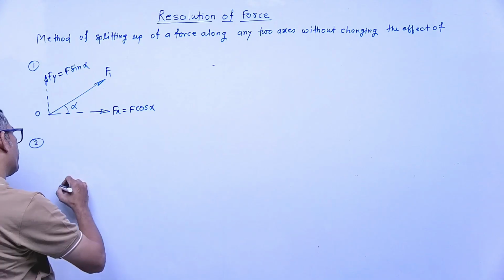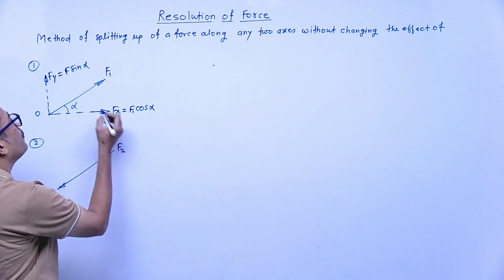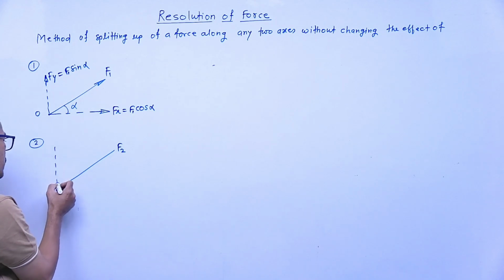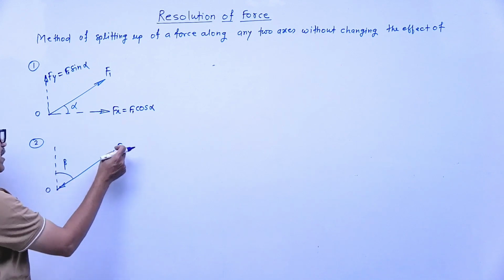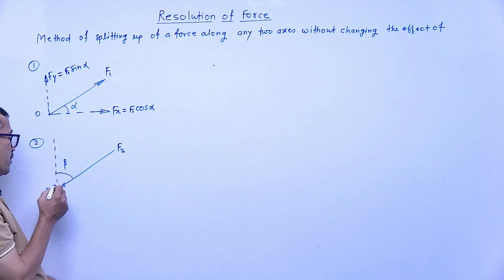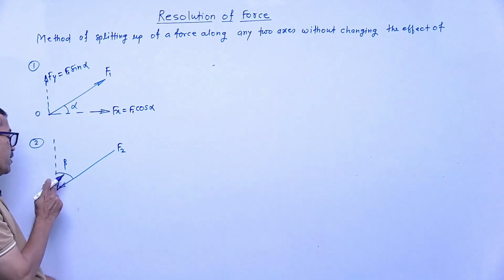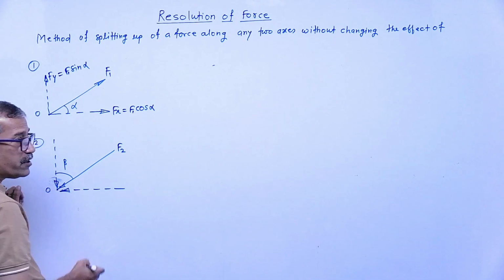Number 2, if the force is given like this, F2, right? Now inclination is given with vertical, beta. How is the force acting? Nature of force is push, acting at this point, so the vertical component must be push, and the horizontal component is also push in nature.